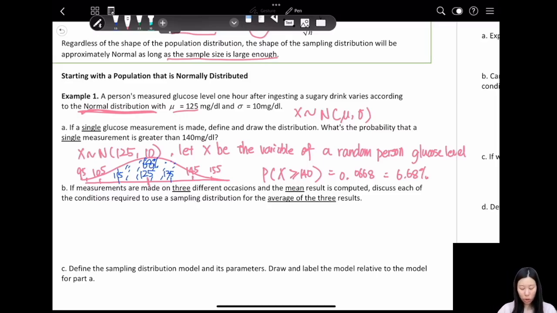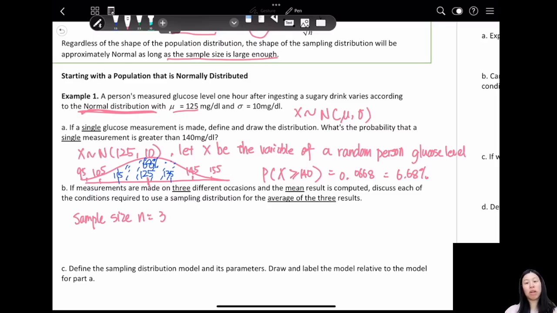Okay, so if the measurements are made on 3 different occasions and the mean result is computed, discuss each condition required to use a sampling distribution for the average of these 3 results. So we know that the sample size equals 3 because they take 3 different occasions. So under what circumstances can we use a sampling distribution?